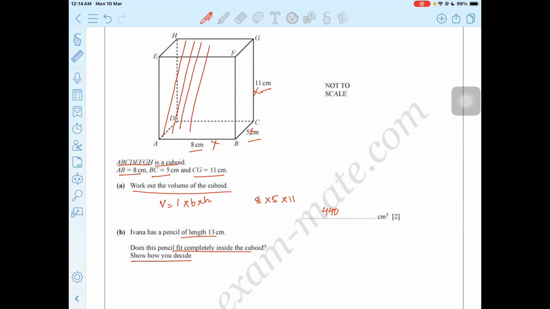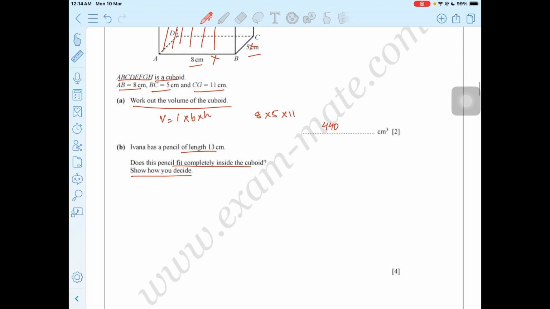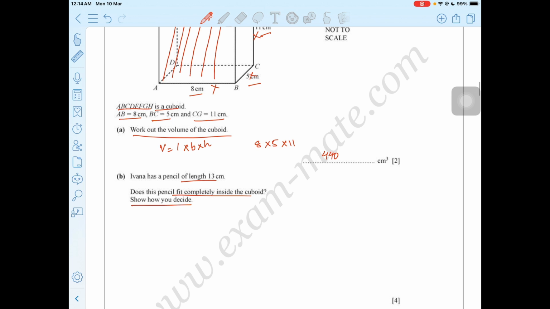So this is our slant height. Let's check if we can keep a length of 13 over here or not. Let's take the square root of 8 squared plus 11 squared. Why?